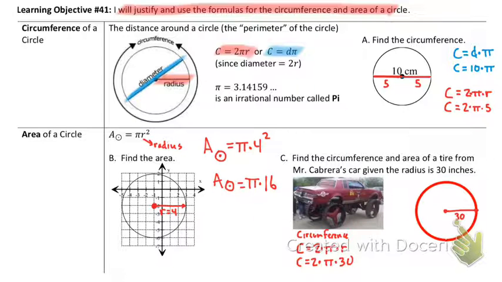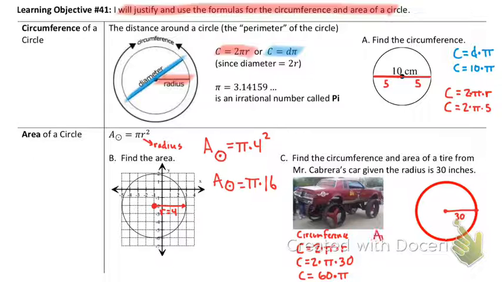Okay, and I can actually clean this up a little bit more for now, because I know that 2 times 30, I can do this math. I'm not going to do anything with the pi yet. I'm going to show you how to handle that in a little bit. But 2 times 30, I can say my circumference is 60 times pi. Okay? So now that's circumference.